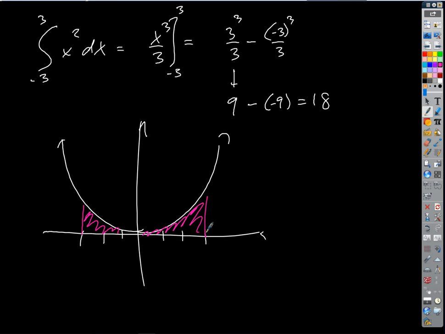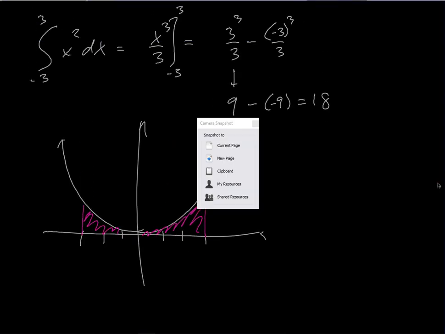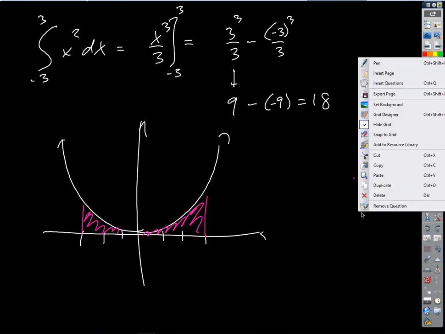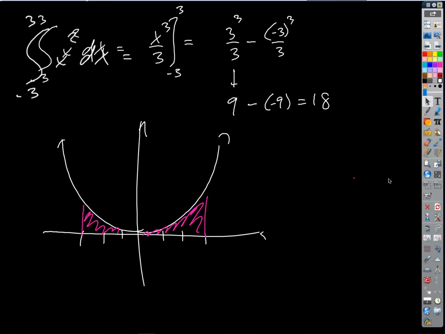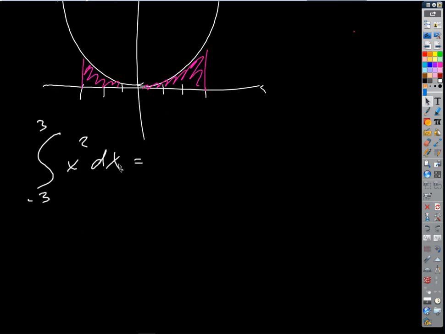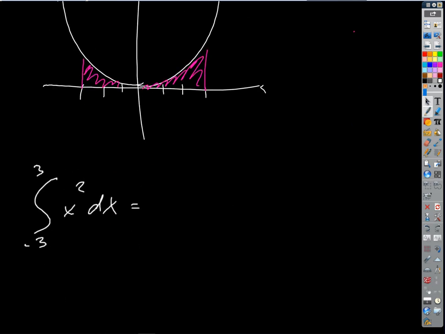And so really what I could do is I could say, well, okay, instead of doing that problem, I could do this problem. This is a better problem.